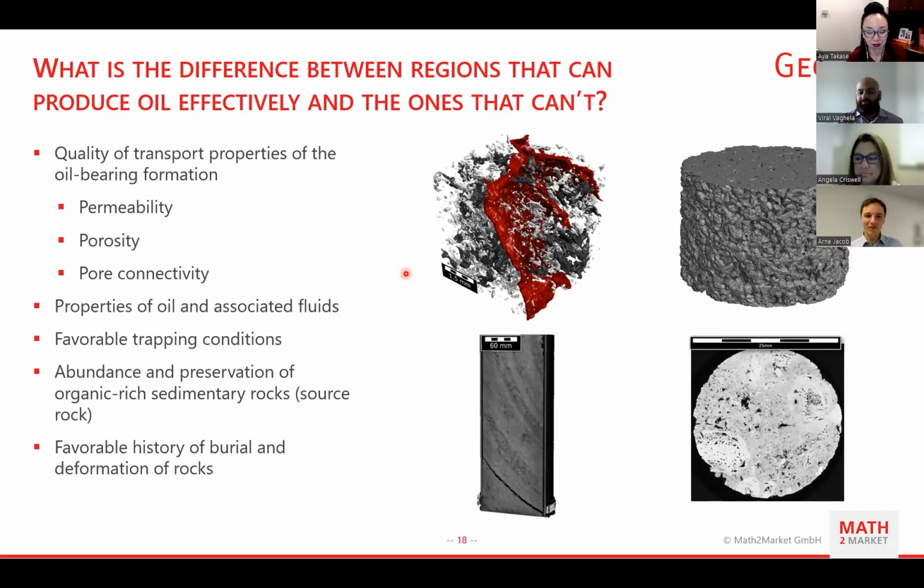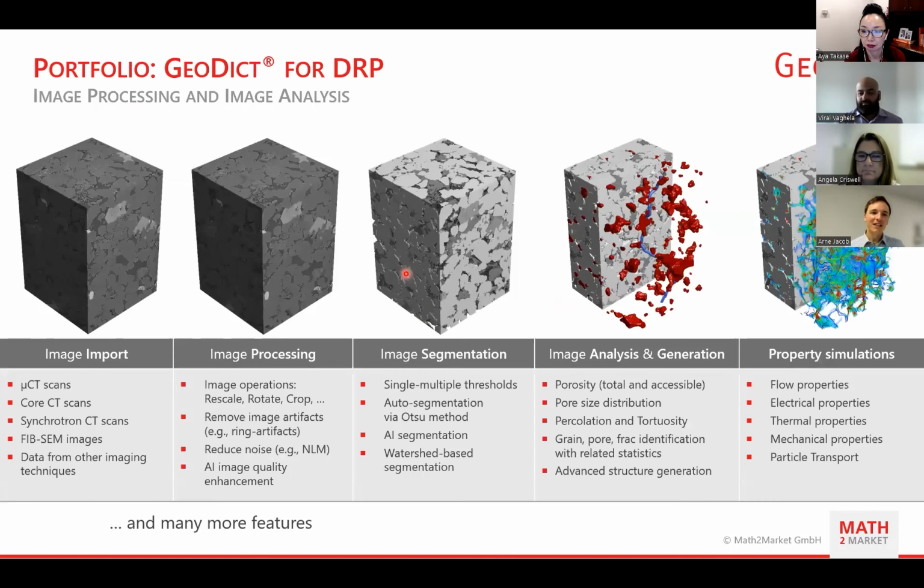So, okay, if there are no other questions, I would like to move forward to the next slide. Aya, Angela, and Viral also gave me 2 slides to show what GeoDict, the software from my company, is able to do with the data you obtain from micro CT.